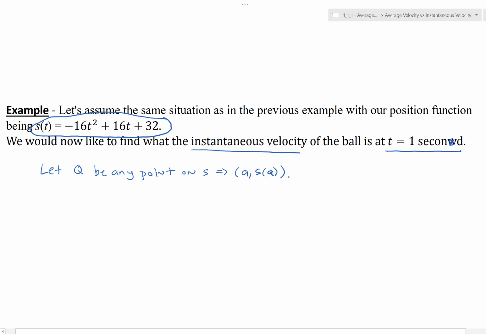It's just any arbitrary point on the graph of the function, anywhere. And let point P be the point that we're interested in, 1 comma s of 1, remembering that s of 1 was equal to 32. So this is 1 comma 32.